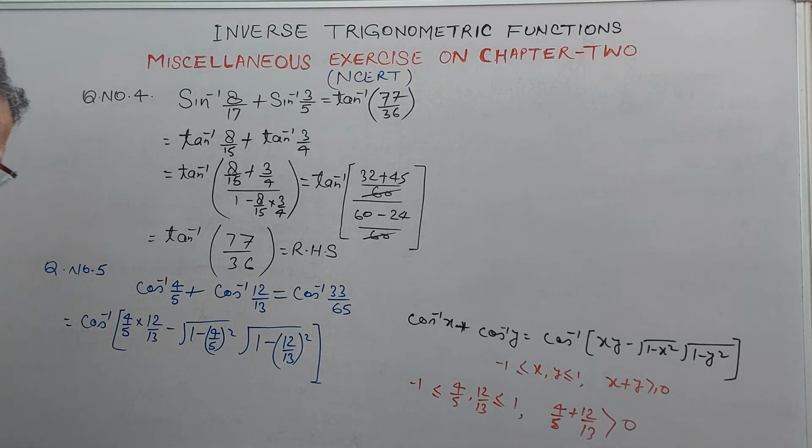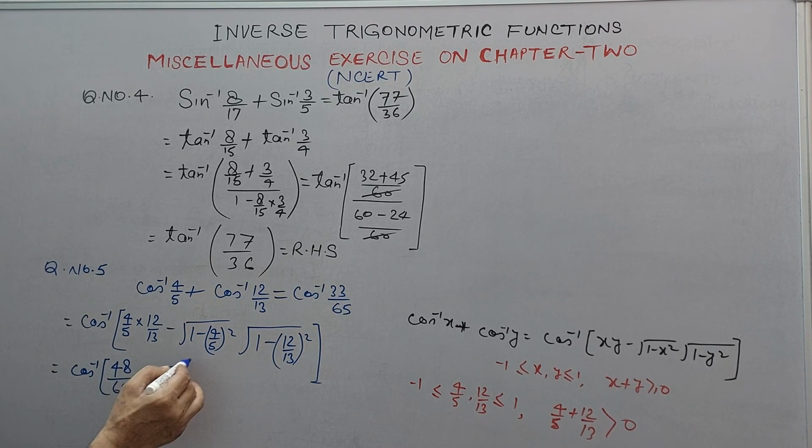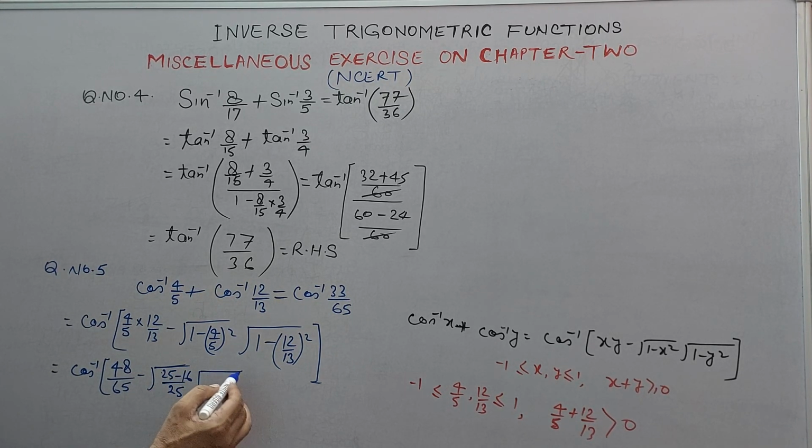Now simplify this. Cos inverse, if you simplify this, 48 divided by 65 minus, taking the LCM, 25 minus 16 and 25 multiplication, 169 minus 144 divided by 169, the bracket is closed.